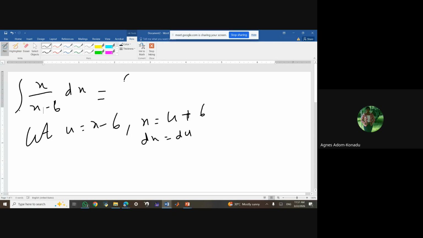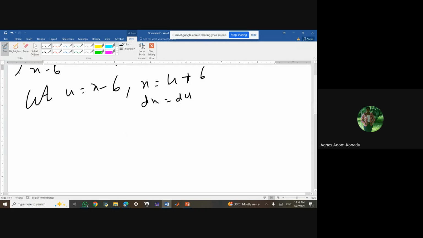Since I've changed the down one to u, the top one should also be changed, and my dx should also be changed. So the top one will now be u plus 6 divided by u, and then my dx is also du. So now the function is integral u plus 6 over u du.